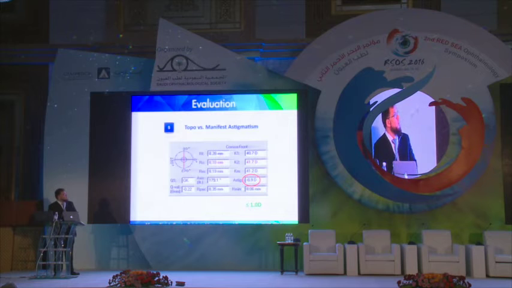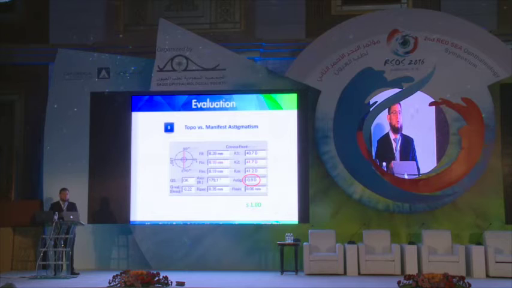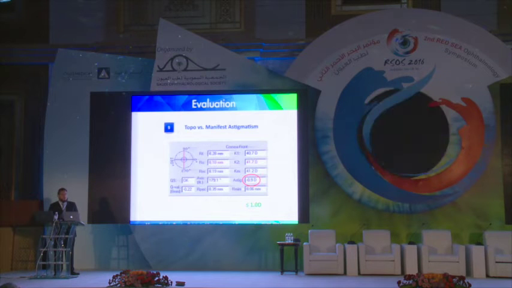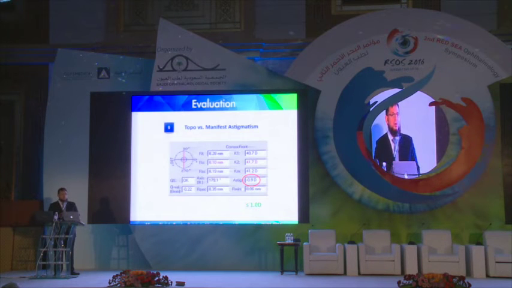In addition, we have to compare between the topographic astigmatism and the manifest astigmatism. The topographic astigmatism, of course, is not the topography from the anterior corneal surface only. It should be the total astigmatism. But because the Pentacam does not give us the total corneal astigmatism, I depend on the algebraic sum between the anterior and posterior surfaces.